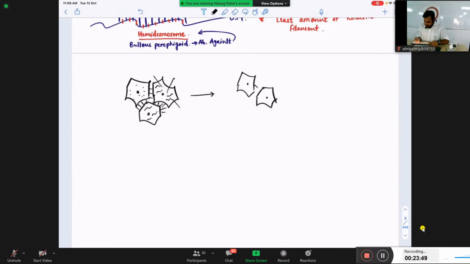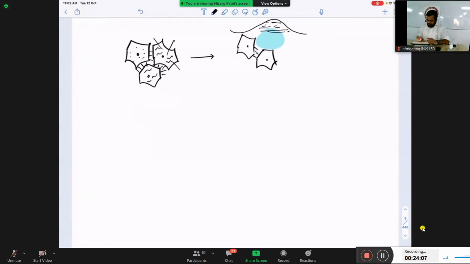I will have some empty space, and in this empty space, what will happen? Fluid will start accumulating here. And because of this fluid, the patient will present to me with some kind of a blister or a vesicular disorder. Got my point?